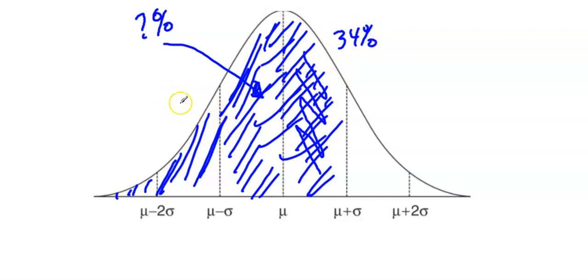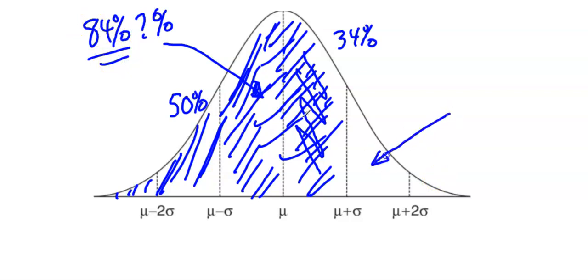So the answer is 84%. We've shaded 84%. And that makes sense because we already figured out in the previous slide that this part was 16%. So it makes sense for the blue part to be 84%. Of course, these percentages have to add up to 100%.